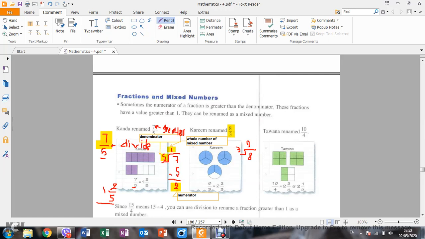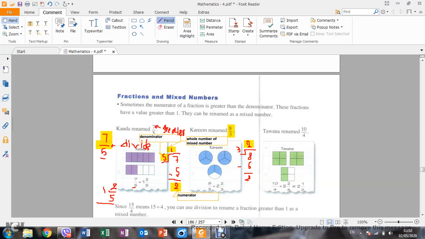2 times 3 is 6. And we subtract it. 8 minus 6. How many stay? 2. So now we have 2 whole and 2 stay. Now 2, the quotient, is the whole number.